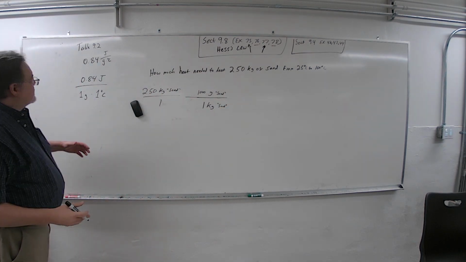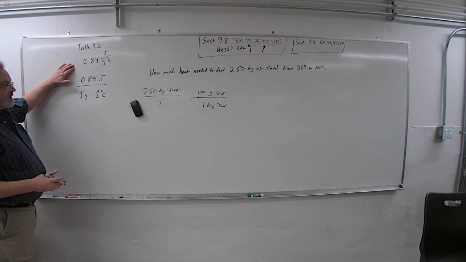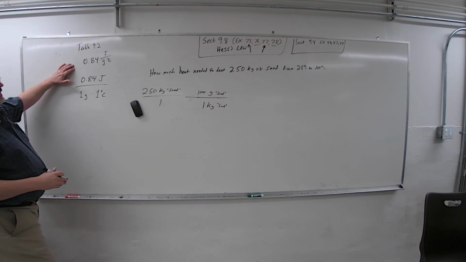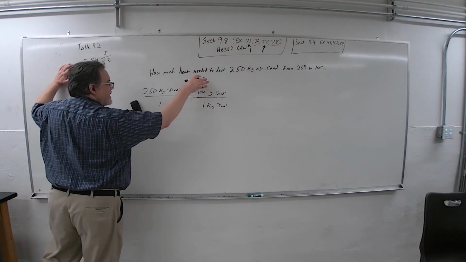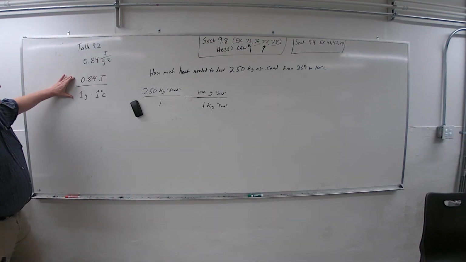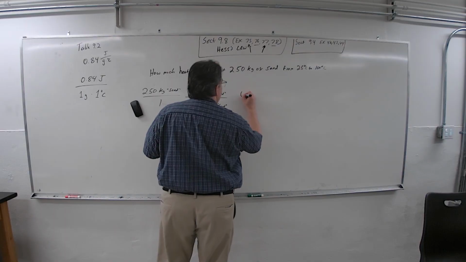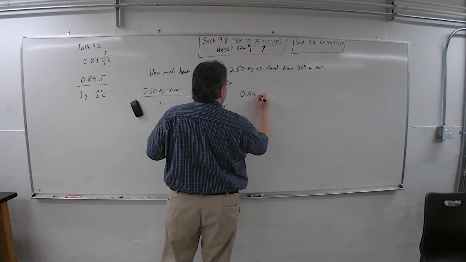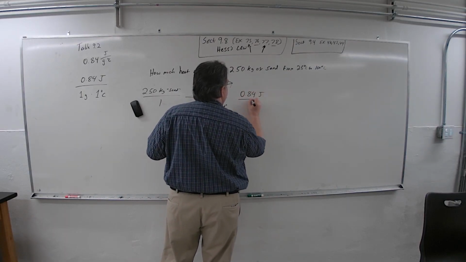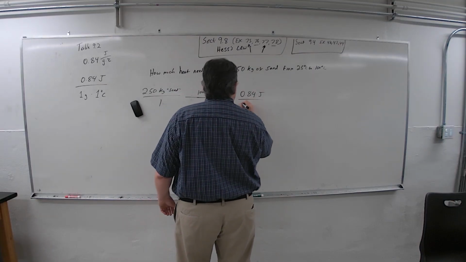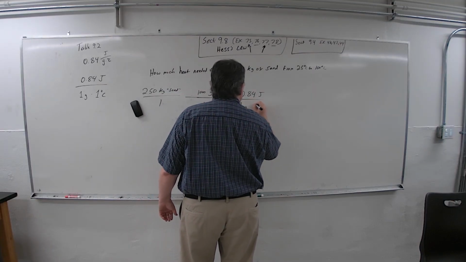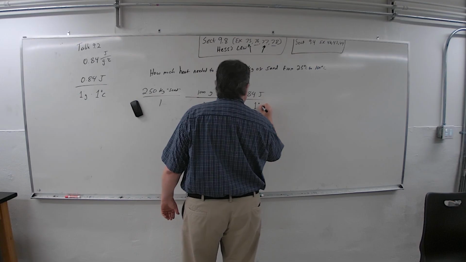All right, now I'm going to use the heat capacity. Grams is on top here, so I want grams on bottom, so I'll use it this way. I'm not going to flip it over. So 0.84 joules per 1 gram per 1 C.